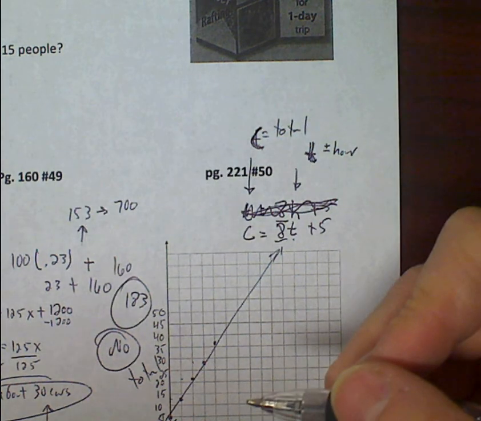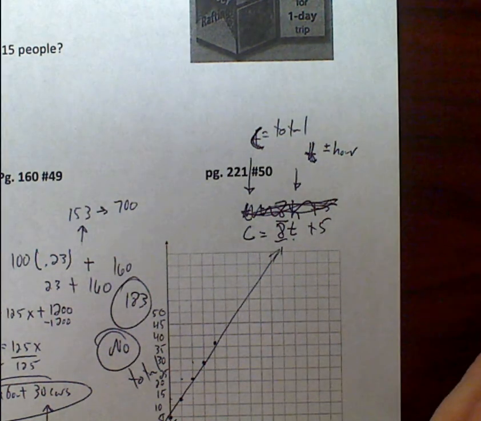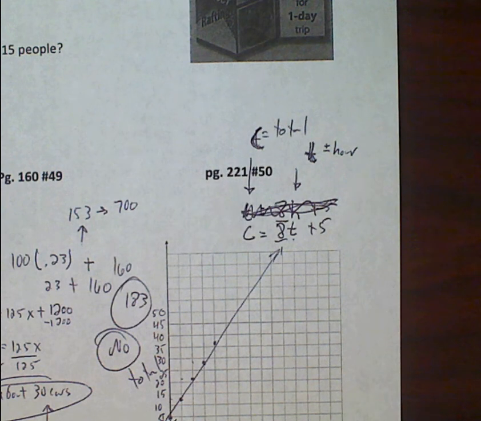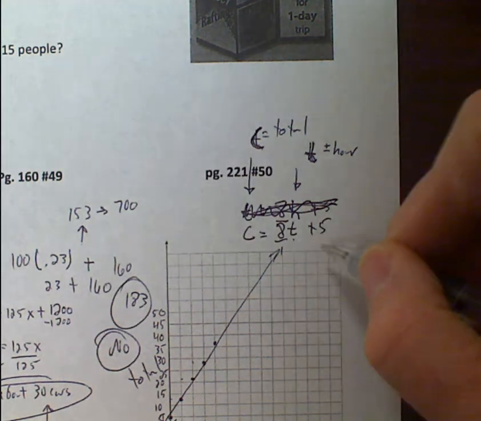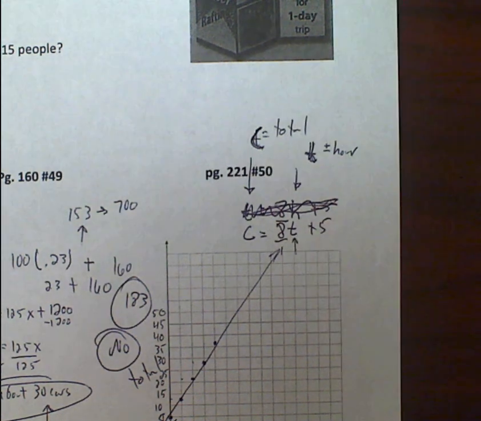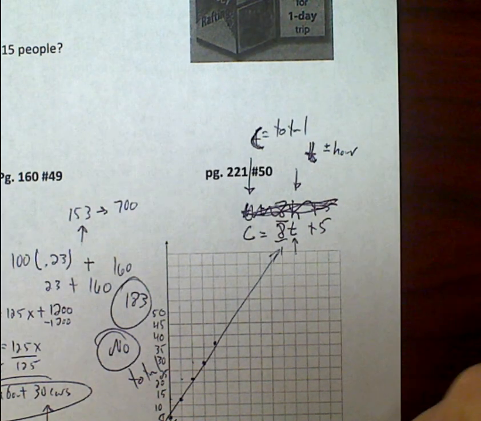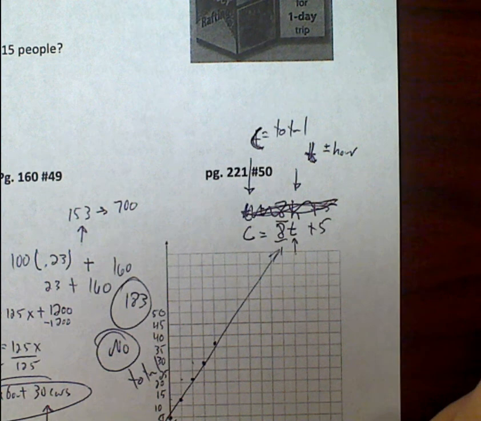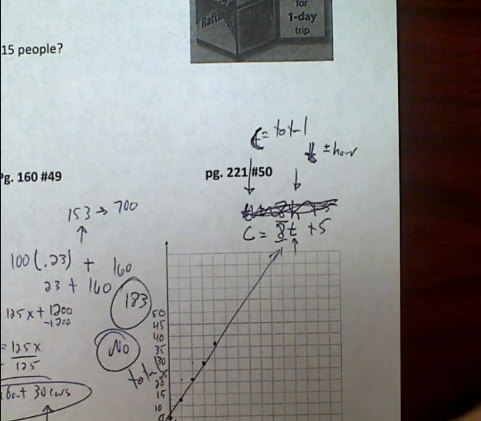It says, what would the cost be for 2 helmets and 2 bicycles for 8 hours? So here we go. If I need to do 8 hours, I'm going to plug in 8 for my time. So C equals 8 times 8 plus 5.